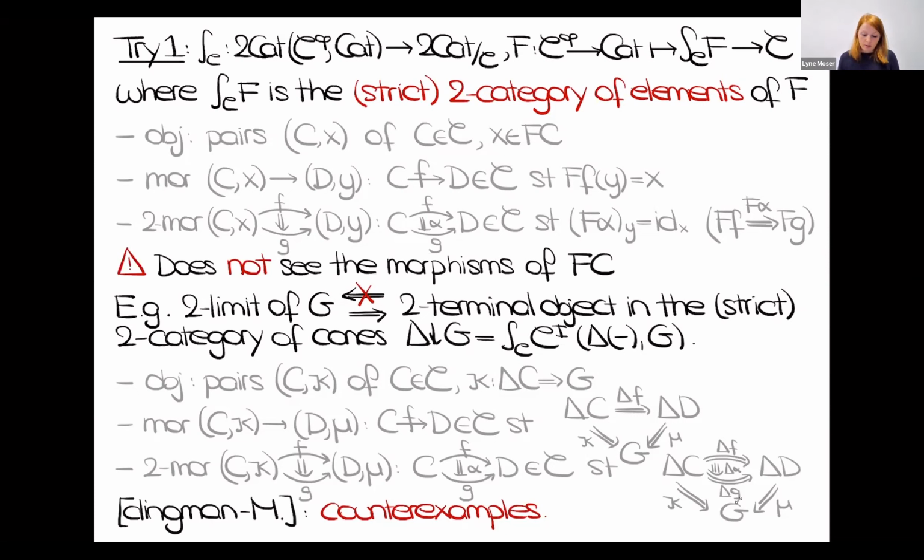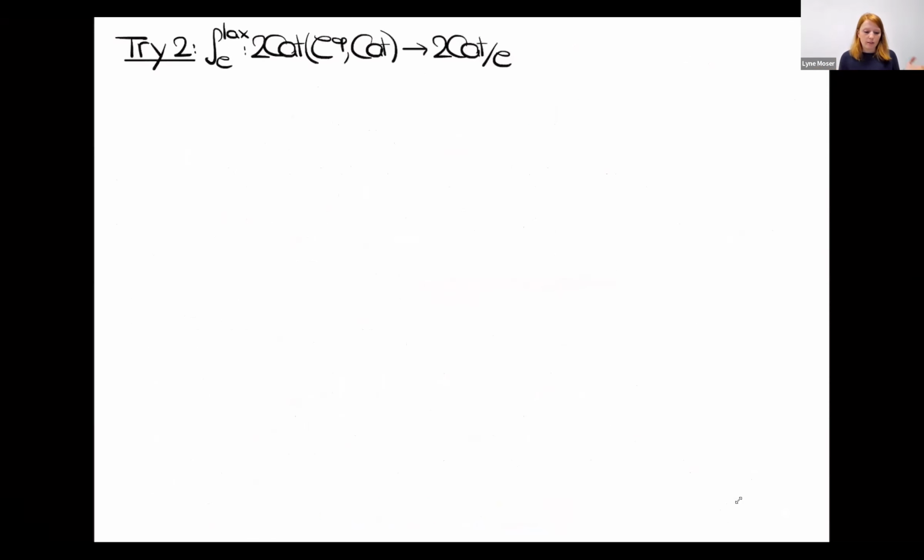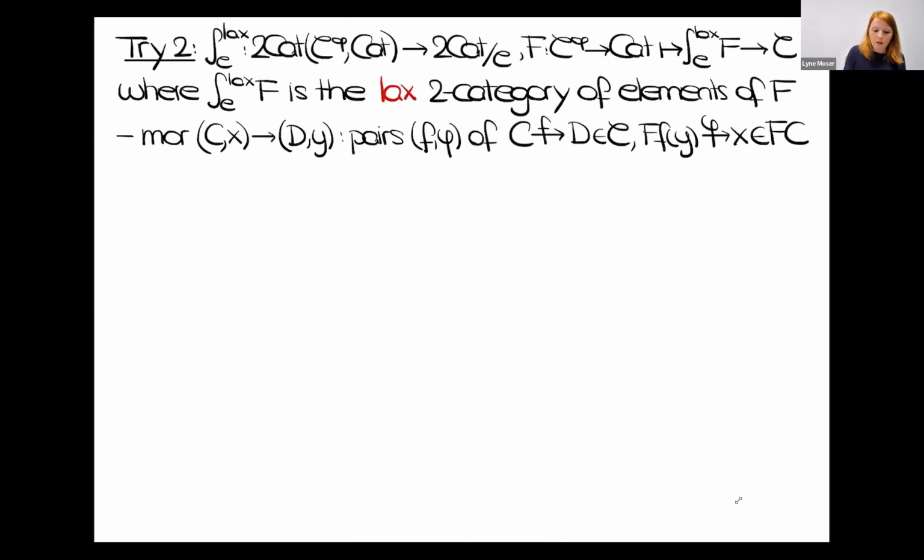Okay, so maybe what you can try instead is to modify a bit the morphisms in order to also see the missing data of the morphisms of FC. And this is what I would call the lax Grothendieck construction. What we do instead is, for the morphisms, we take pairs of a morphism from C to D in C and a morphism from FFY to X. So now it's not just an identity, it's actually a morphism of the category FC.